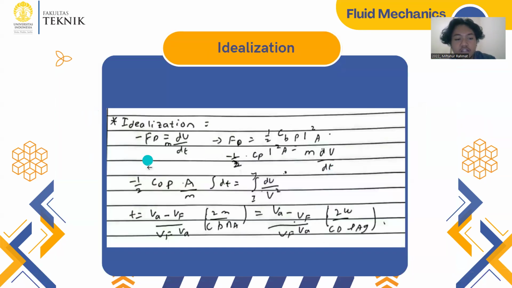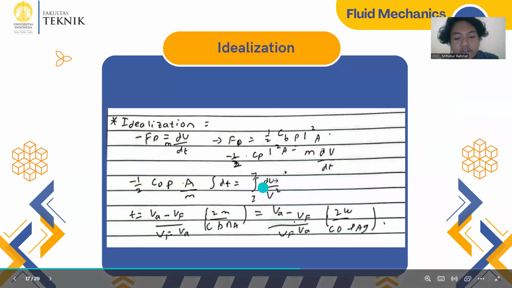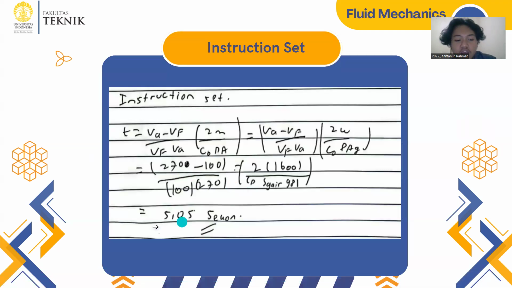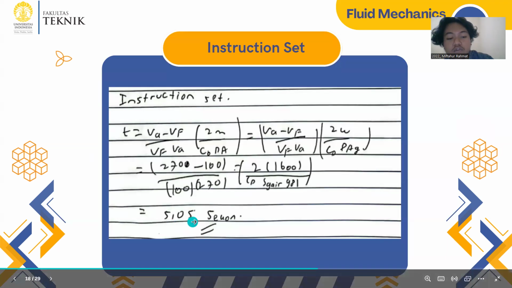And then for the idealization, we can get the equation for the FD equation, it contains Newton's second law, and then we can find it like this. So in the instruction set, we can get the time required for the vehicle to decelerate until 100 miles per hour. It's about 5.05 seconds.